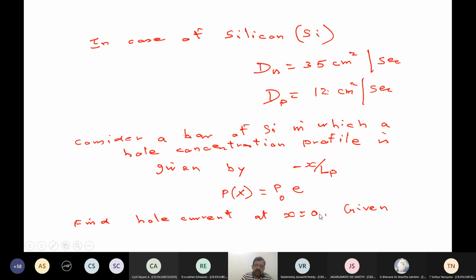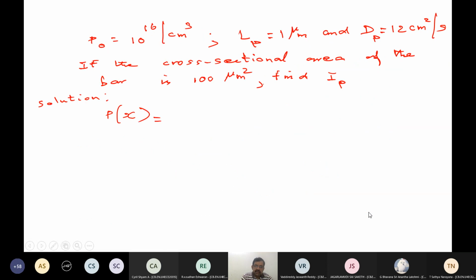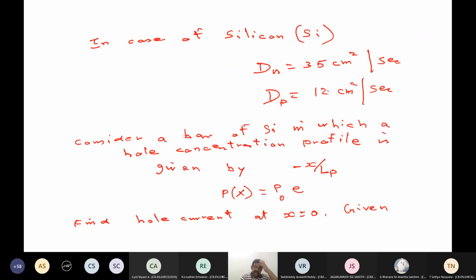Find the hole current at x equal to 0. Given P naught equal to this, LP equal to 1 micron, Dp is given, cross sectional area is given. Find the hole current. That's all the question is. Very simple. P of x is actually P naught e power minus x by LP.